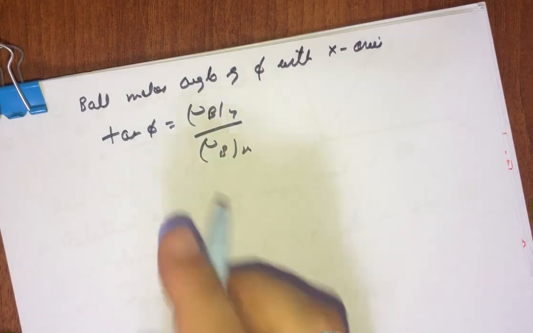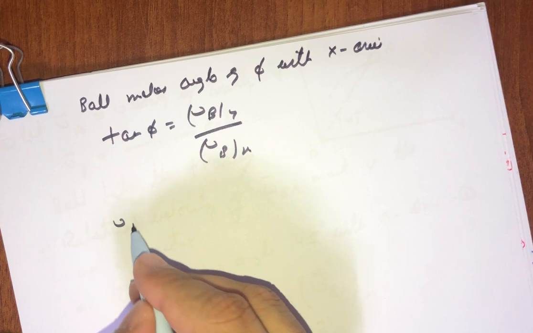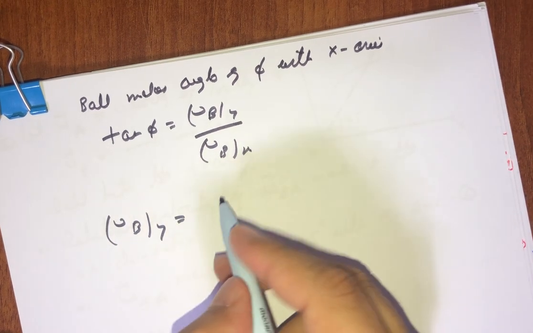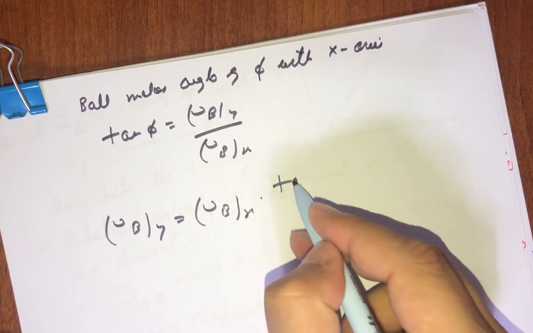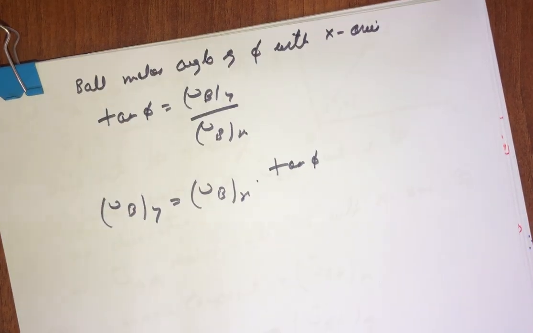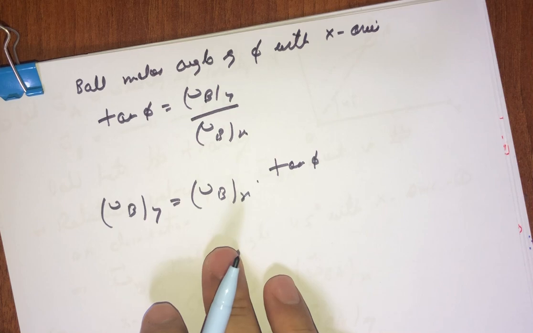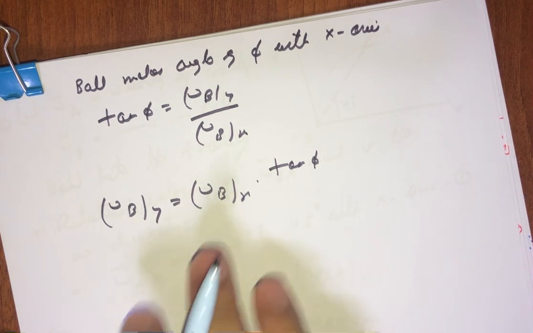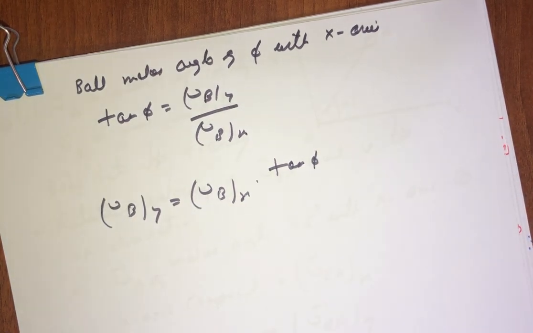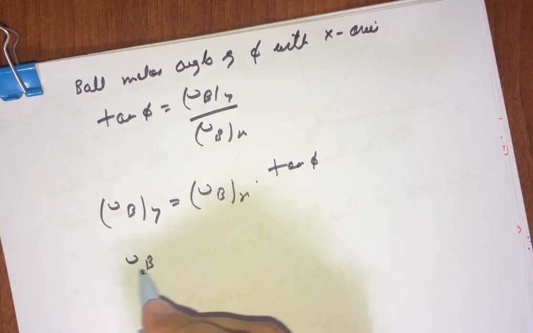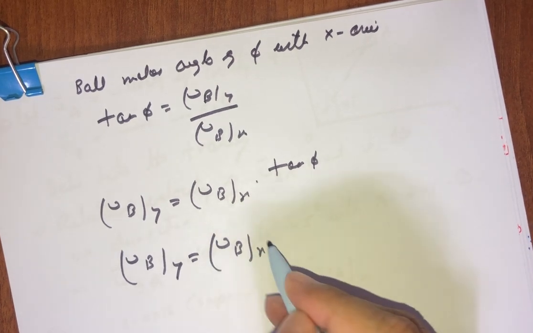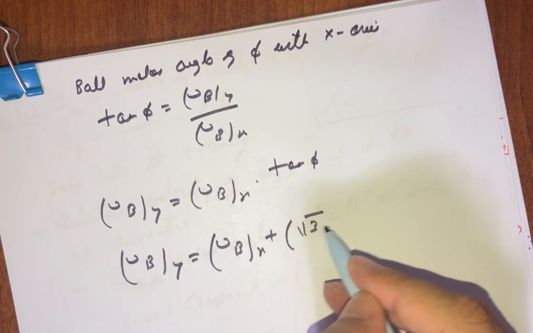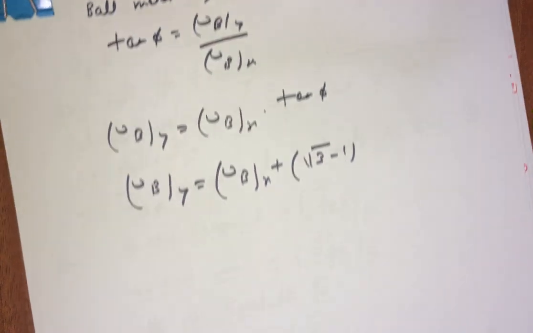From here we can find VBy: VBy will be equal to VBx multiplied by tangent of phi. So we have two equations for VBy, and the previous equation was VBy is equal to VBx plus square root of 3 minus 1. So we can equate them.